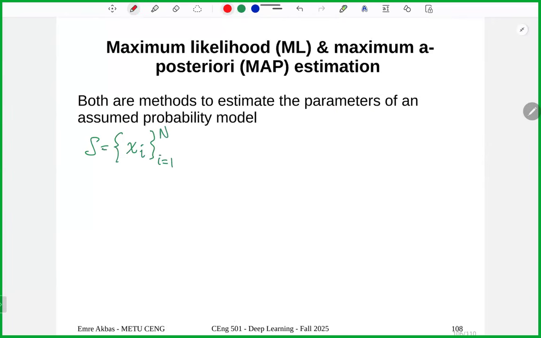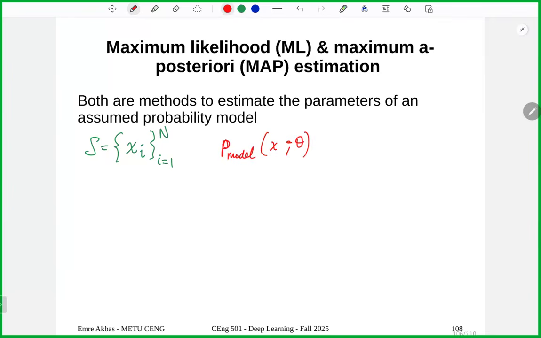And here, for simplicity, I just show an unsupervised data set. So there are no labels here, but you can also do this for the labels too. It will just work. So you are given a data set, and we have a model parameterized by theta, a probability model, which measures the probability of the samples.